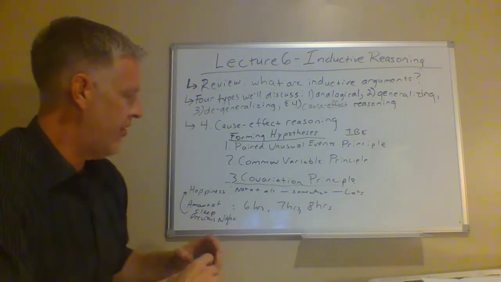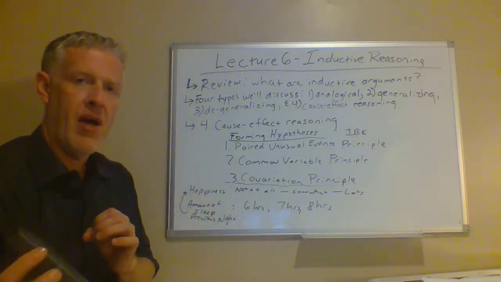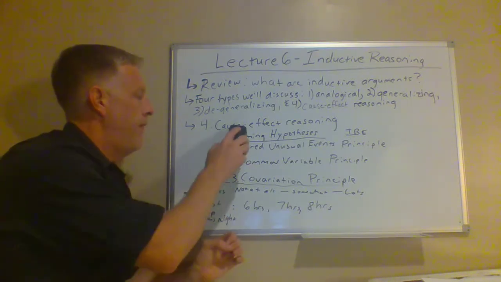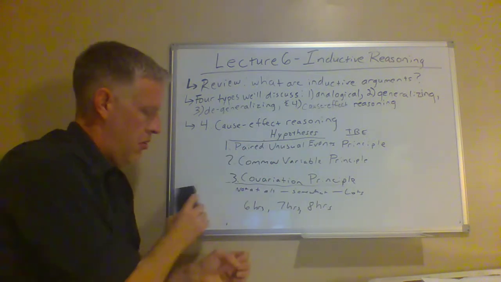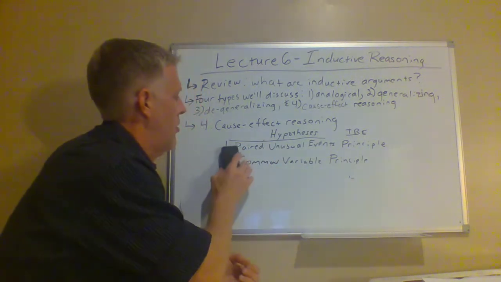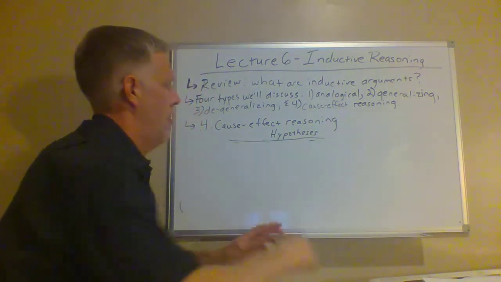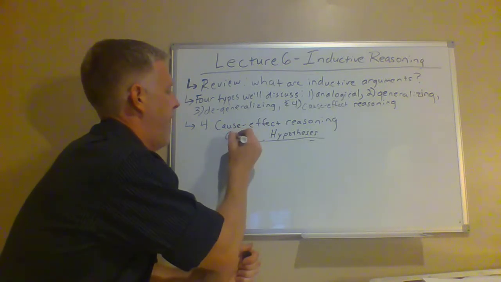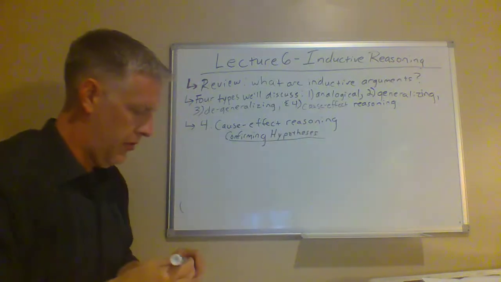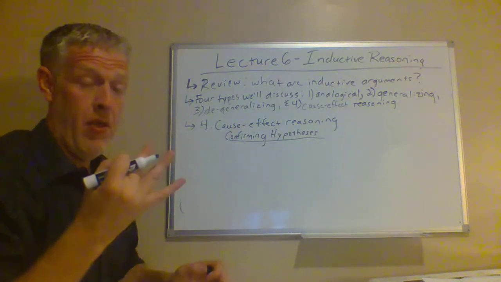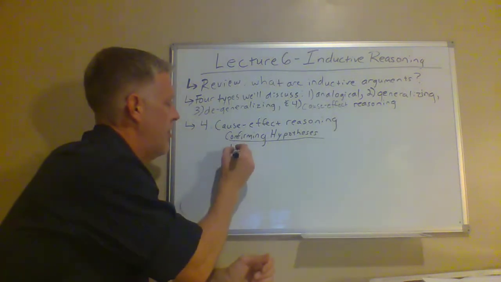Let's go ahead then and turn to slide 24, where we'll turn our attention from forming hypotheses to confirming, or trying to confirm, them. Again, there are three ways that we can go about doing this.